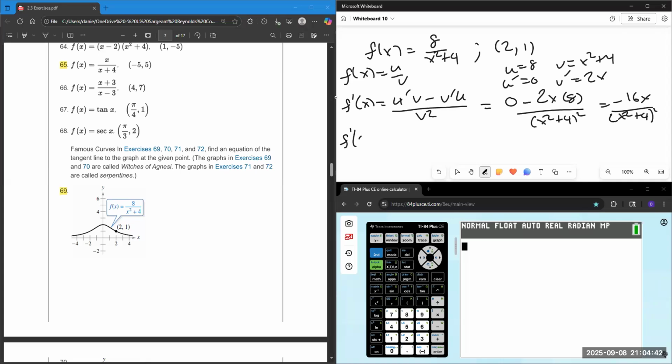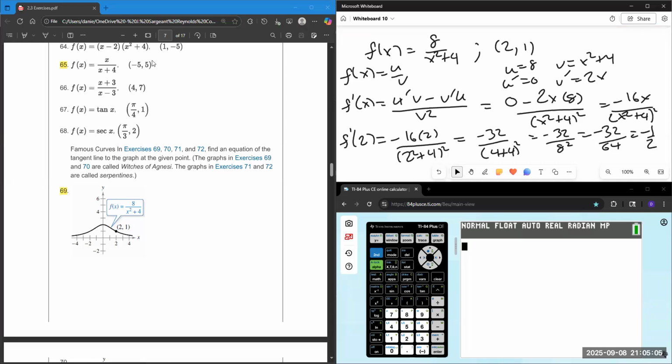F prime of 2 is negative 16 times 2 over 2 squared plus 4 quantity squared, negative 32 over 4 plus 4 squared, negative 32 over 8 squared, negative 32 over 64 is negative 1/2 for my slope. And then I have the point 2, 1.